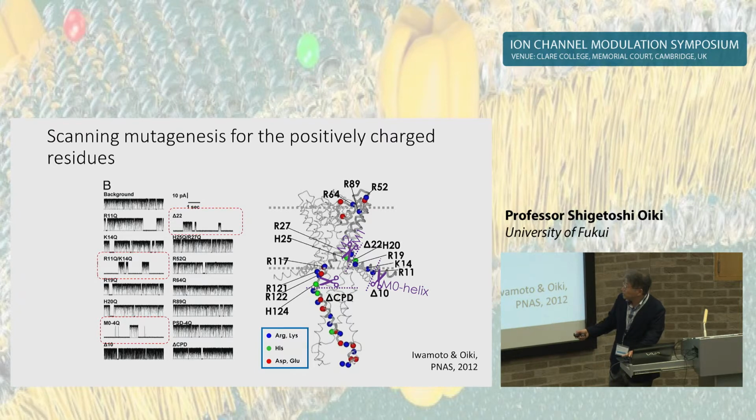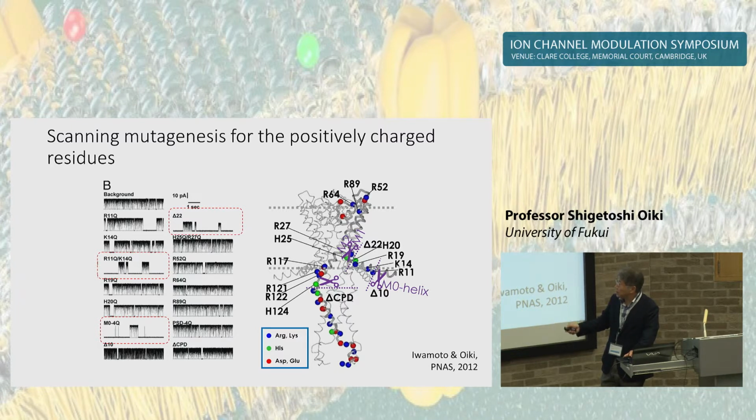You see these mutants show lower open probability, and they are all located in the N-terminal part of the channel, such as R11, K14, or this is the deletion of 22 residues from the N-terminus.